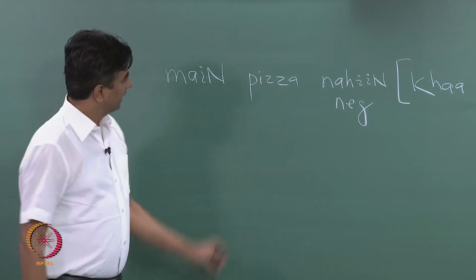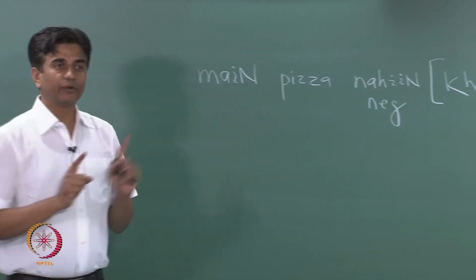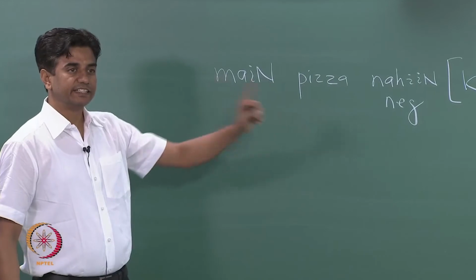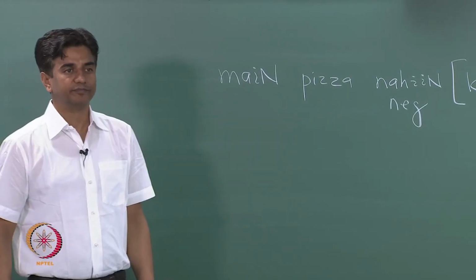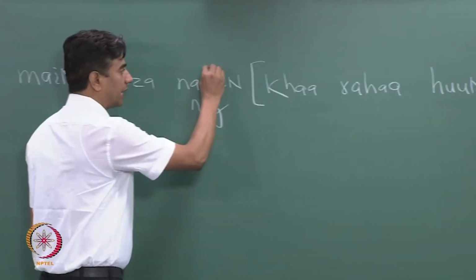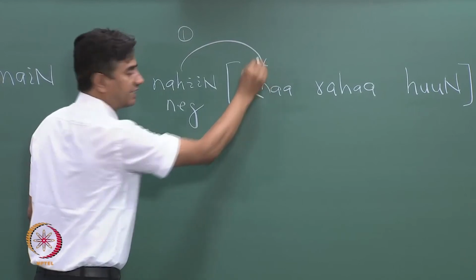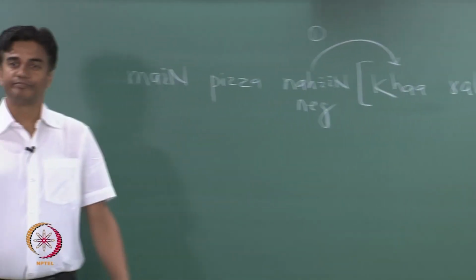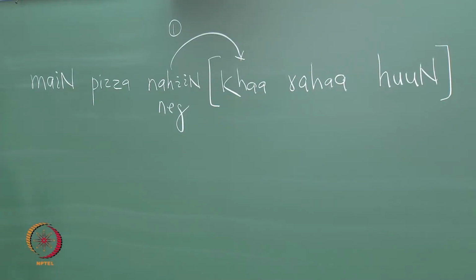Okay? If this is the case, now look at this sentence as it is. This sentence usually means I am not eating pizza, which means in the primary reading number 1, it negates the whole verb, right? It negates the whole verb, therefore it gives us that reading.